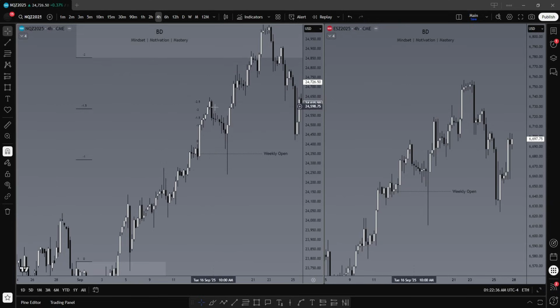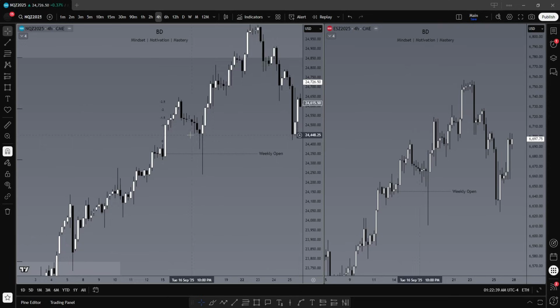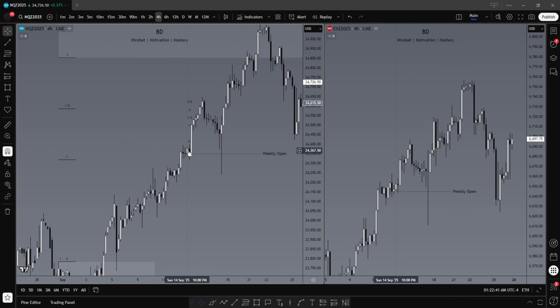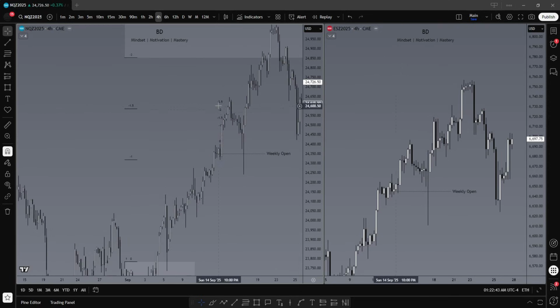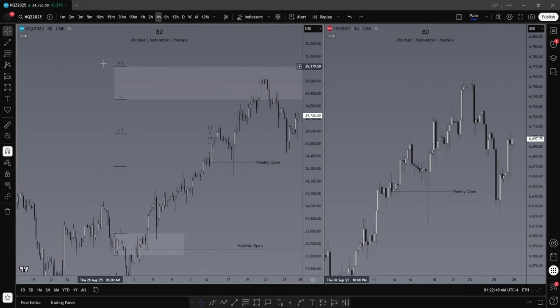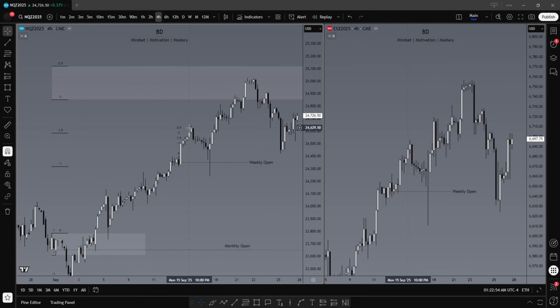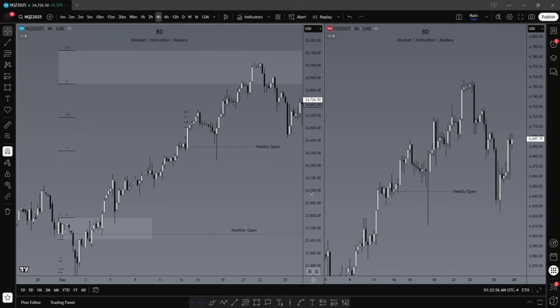Okay, so now look, they bring it back under because at the time, once we're already reaching our standard deviations to the upside, I'm more interested to see the bigger manipulation of our weekly open so that we could see moves to our monthly swing. So right here, they bring it back to the weekly open, and what do they do?